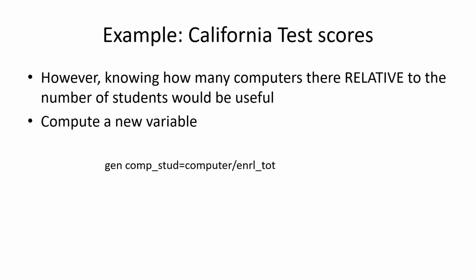But rather than having both variables be a measure of the size of the school, because in a vague sense the number of computers is also a measure of size, it might be more informative if we create a new variable and say computer per student is the number of computers divided by the enrollment total. So rather than having the absolute number of computers, we compute the number of computers per student.